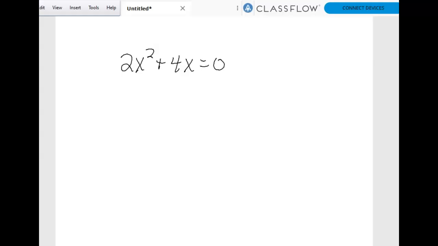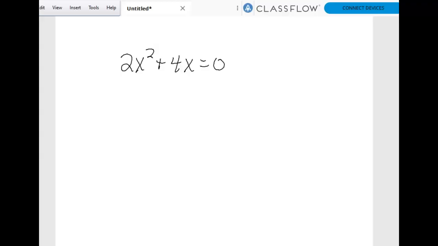Okay, let's try this one. Is it equal to 0?